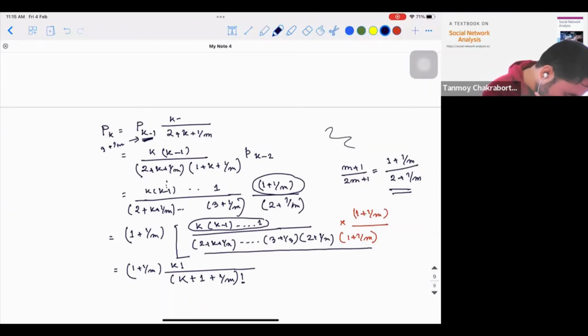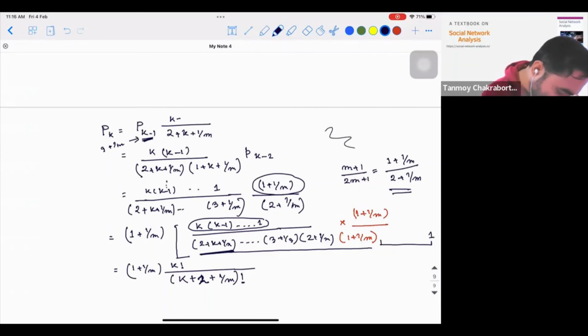Sorry, k plus 2. 2 plus k plus 1 by m factorial, right? This is the last term. So if I want to write it as 2 plus k plus 1 by m factorial, I need to add some more terms here till 1, right?